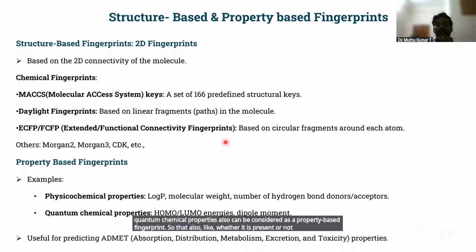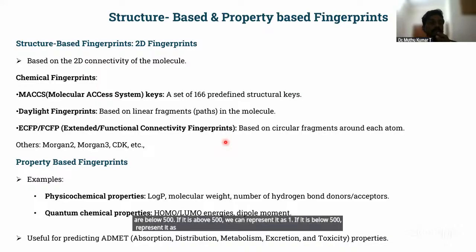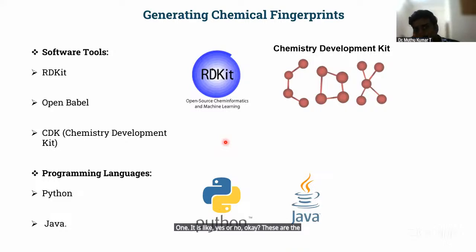If molecular weight is above 500 or below 500, if it is above 500, we can represent it as 1. If it is below 500, we represent it as 0. So whatever the properties, whatever the calculations, if it is fingerprints, all will come to 0 or 1. It is like yes or no. Okay. These are some of the examples, and how we can generate it.